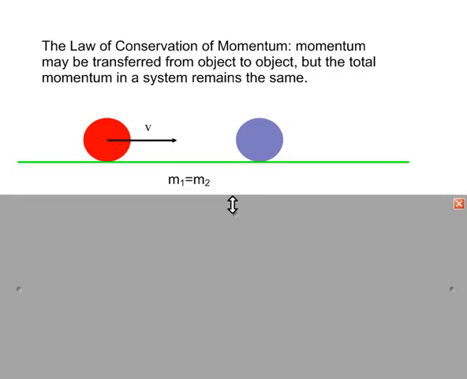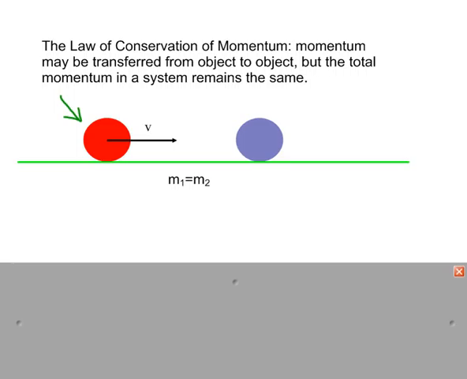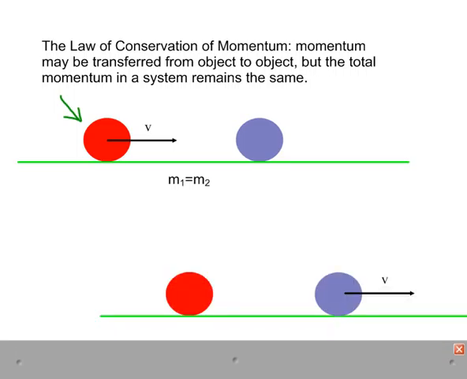We have a red object with a velocity v about to collide with a blue object with the same mass. After the collision, one possible outcome would be that the red object ends up with a velocity equal to 0, and the blue object moves off with the same velocity that the red object had initially.